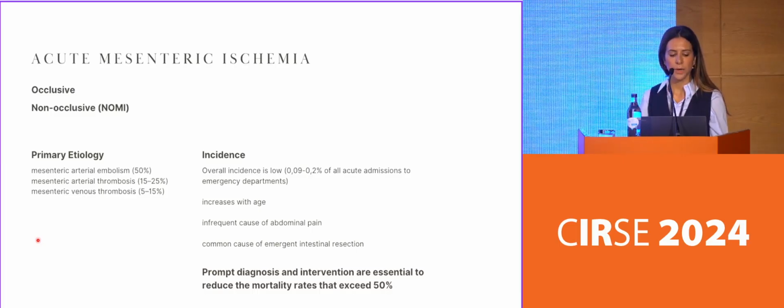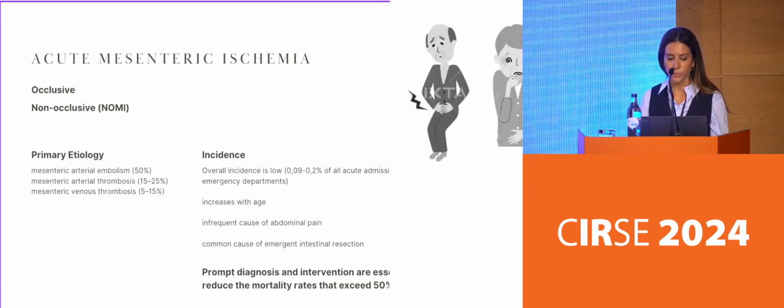It can be caused by arterial embolism in most cases, but also by arterial thrombosis and venous thrombosis. Its overall incidence is very low, but increases with age, and despite being a rare cause of abdominal pain, it is indeed a common cause of emergent bowel resection, and the only way to have a better outcome is to have a prompt diagnosis and intervention.